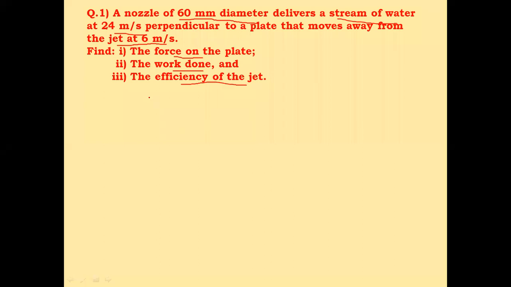So this is the simplest problem that you can encounter anywhere. What is given to us? A nozzle of 60 mm diameter. That means this nozzle is having 60 mm diameter, and hence the jet of water falling out of the nozzle will also be having the diameter of 60 mm.